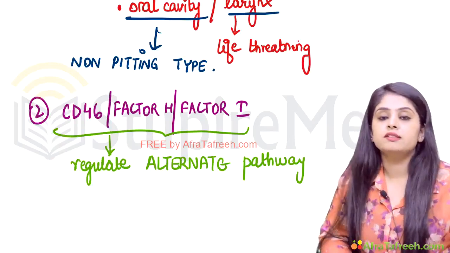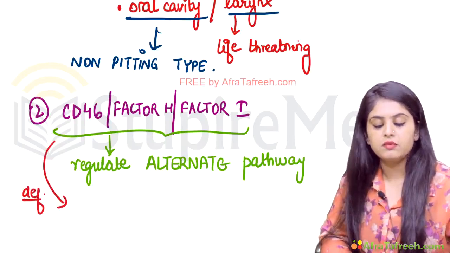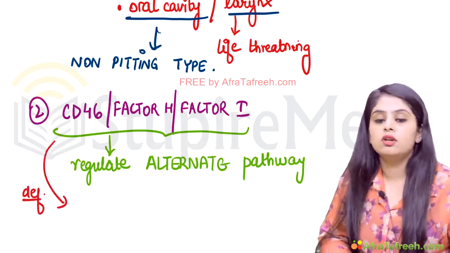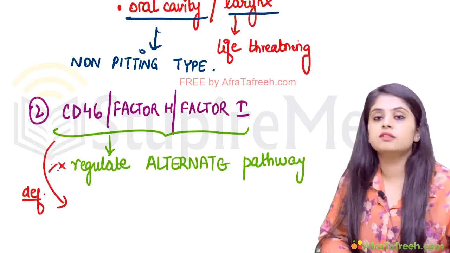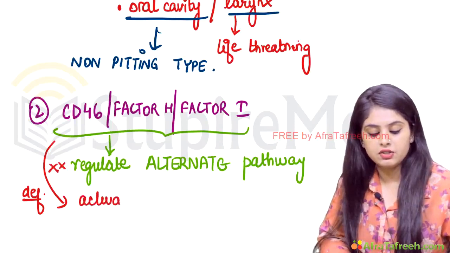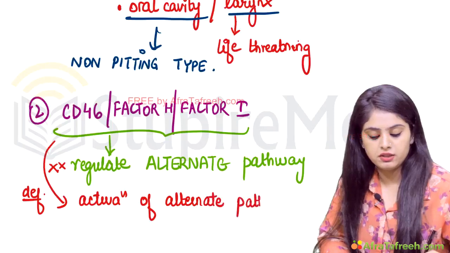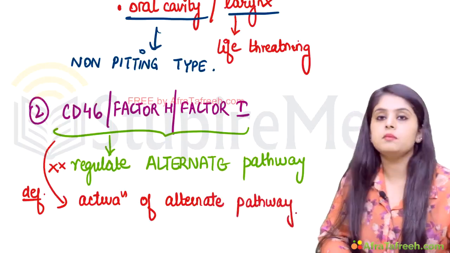Now the problem arises that if there is a deficiency of these, the alternate pathway will no longer be regulated, the regulatory action is lost. So there is continuous activation of the alternate pathway.